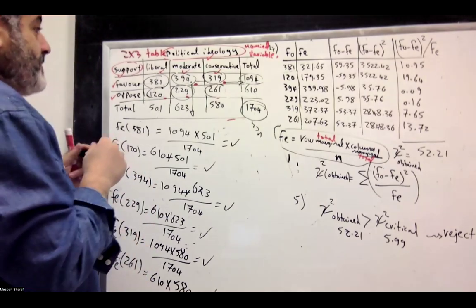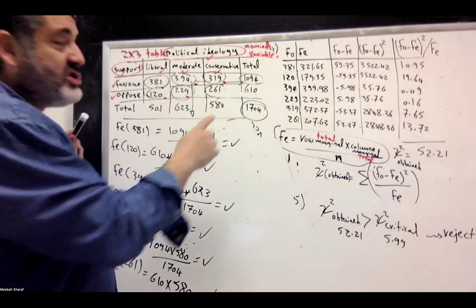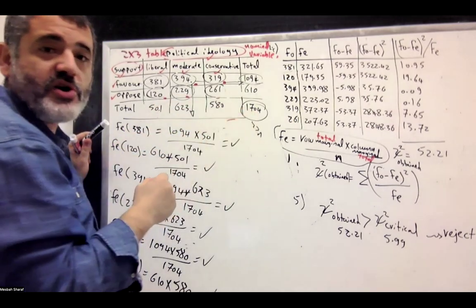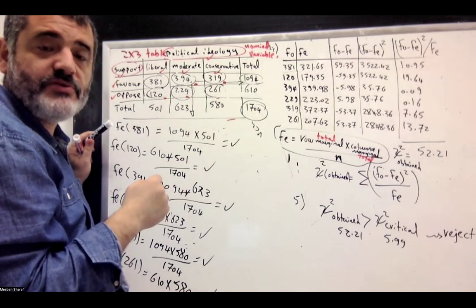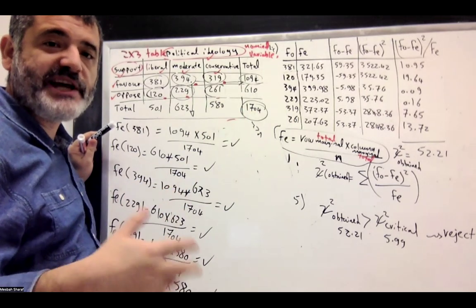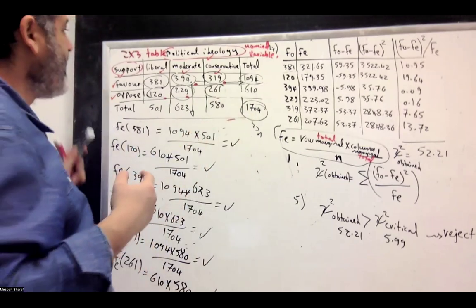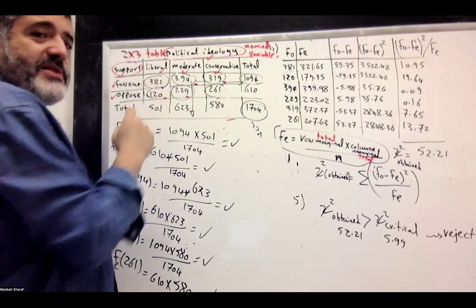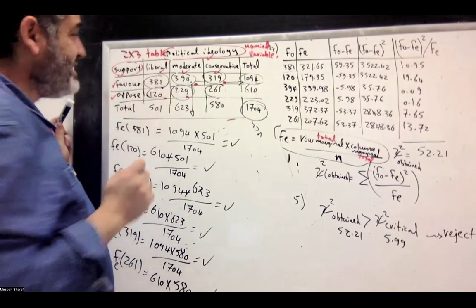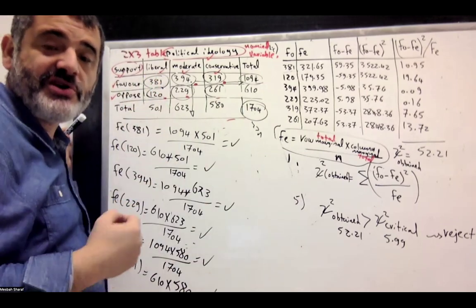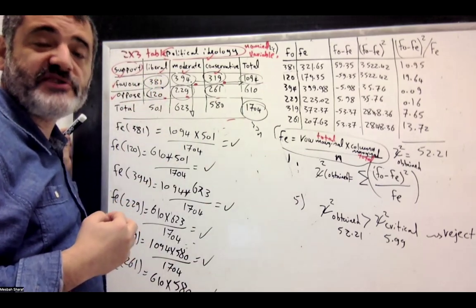For example, our sample consists of 1,704 cases. We collected data from 1,704 individuals, and we found that 381 individuals are liberals and are in favor of that workers' strike.